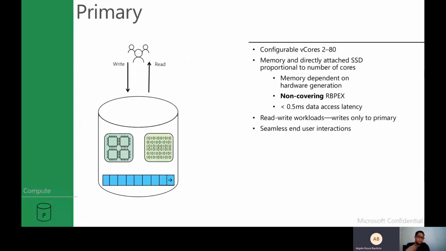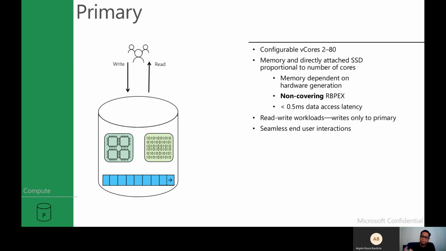The primary is a SQL server. You configure how many cores you require, and then the memory for this SQL server has directly attached SSD. It's proportional to the number of cores that you will deploy. So it has a non-covering RBPX. If you are familiar with it, resilient buffer pool extension is an extension of your memory.